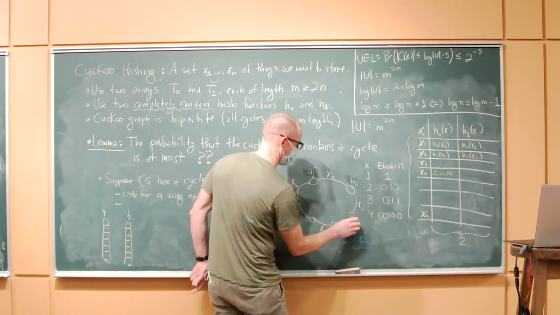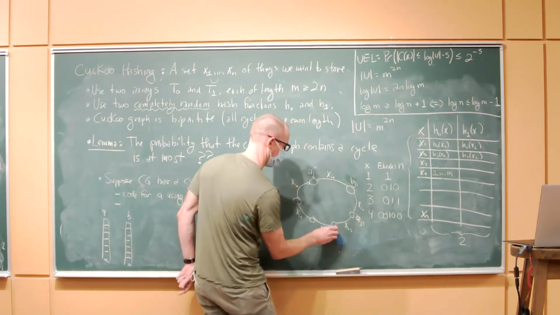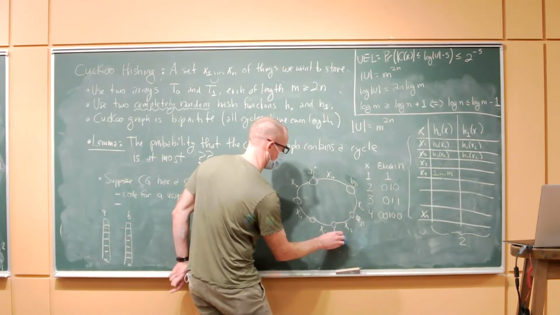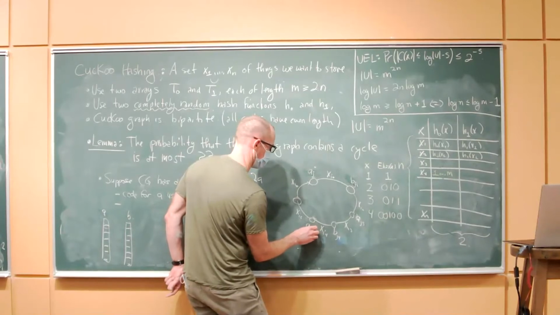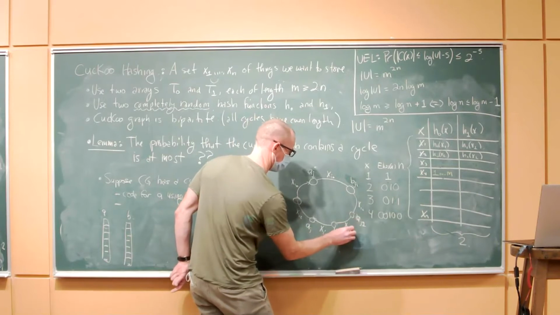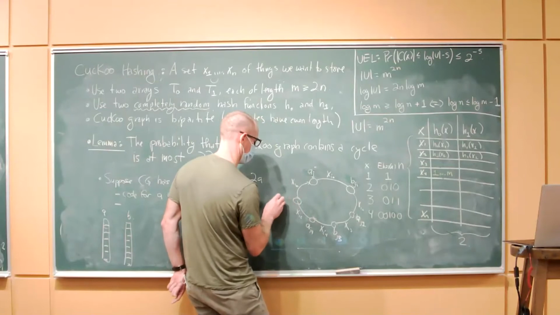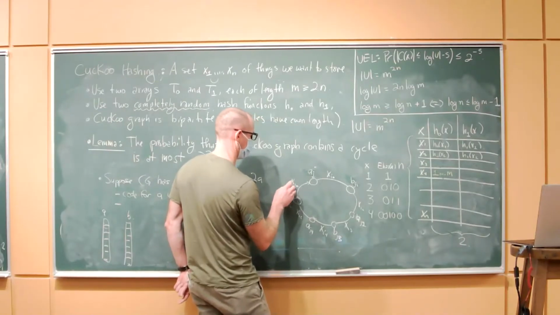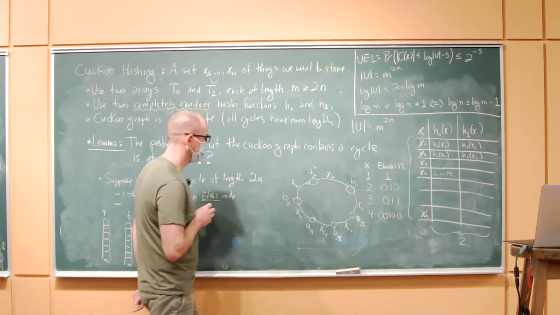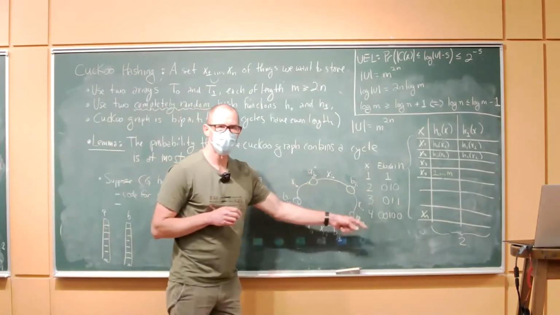A, J1, B, J2, A, J3, B, J4, A, J5, and back to B, J6... So that's what the cycle looks like.